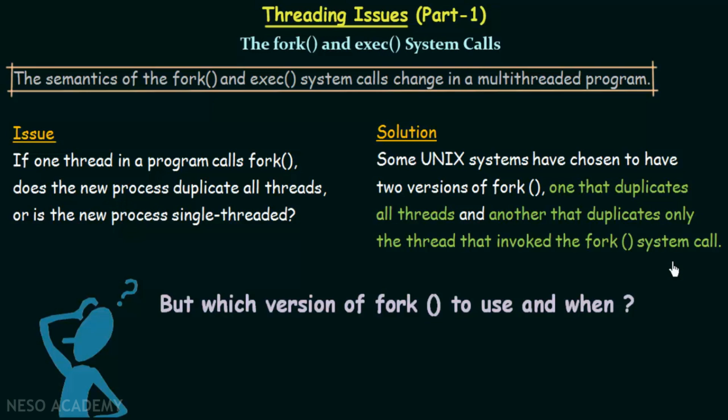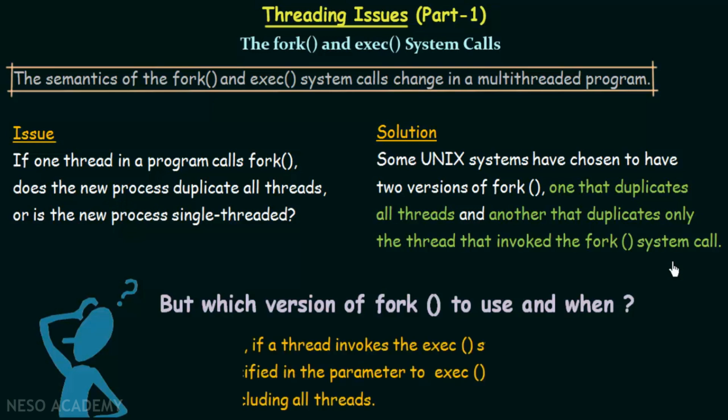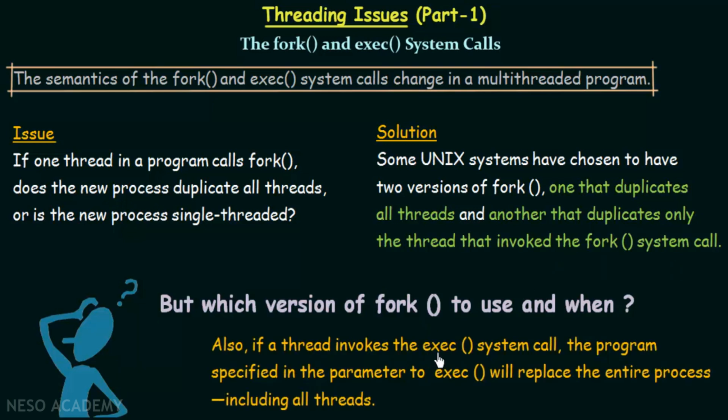Now before we come to that, let us also recall the purpose of the exec system call and what will happen when the exec system call is invoked in a process consisting of multiple threads. If a thread invokes the exec system call, the program specified in the parameter to exec will replace the entire process, including all the threads.